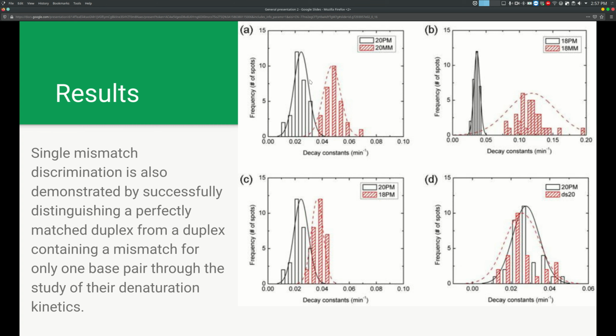They show in this diagram how different the matches are, from A, B, and C, D. A, B, and C are mismatches, and D is really the matching example. They're trying to clarify that this method is much more precise at telling matches and mismatches apart.